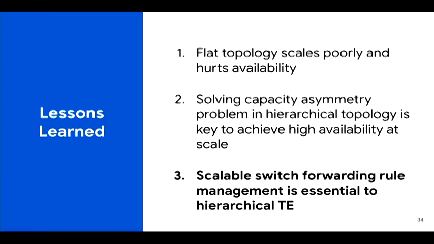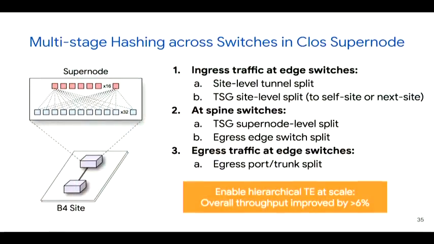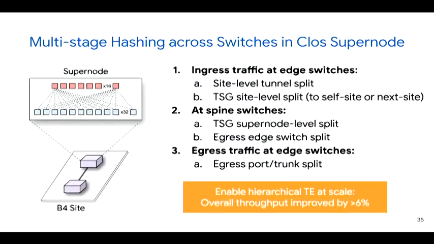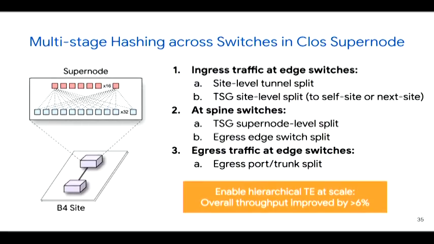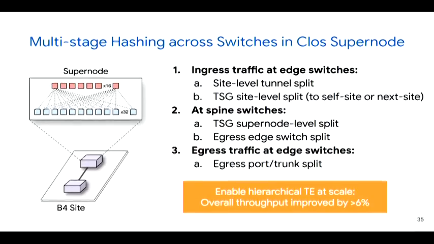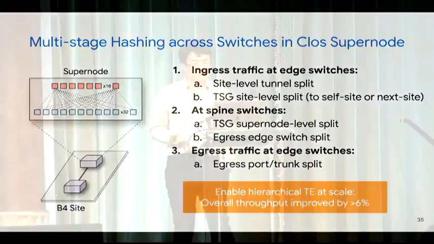So hierarchical TE is great, but at the same time it requires fine-grained multi-layer traffic splits, which can easily exceed our switch table limits. The solution here is that we implement the hierarchical traffic engineering split across different switches by leveraging the fact that our supernode fabric is a Clos topology, which has a spine layer where traffic will be bounced before it leaves the fabric.